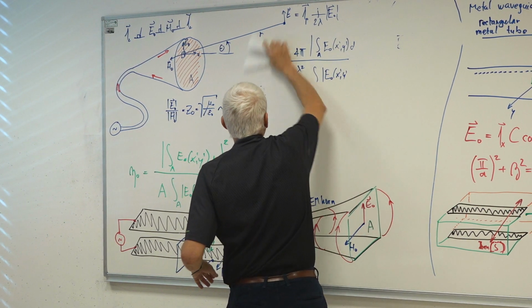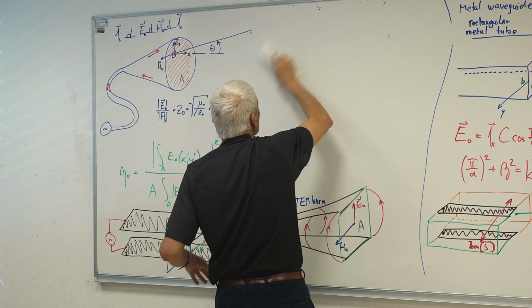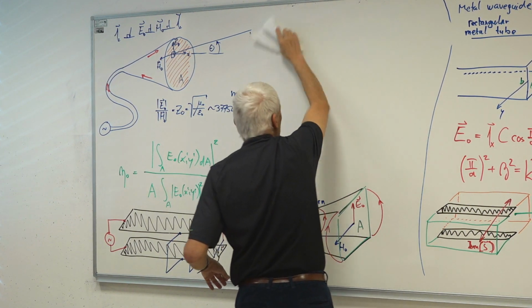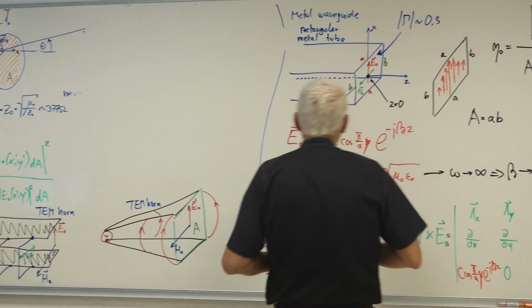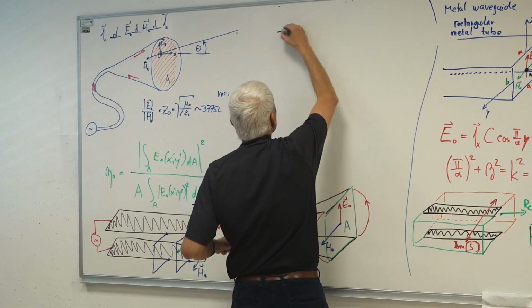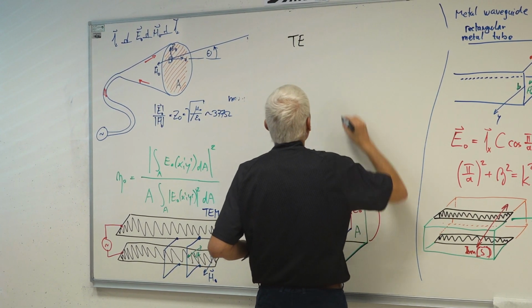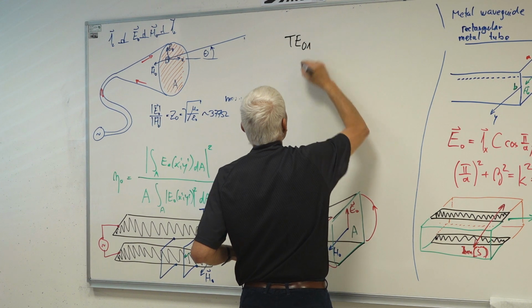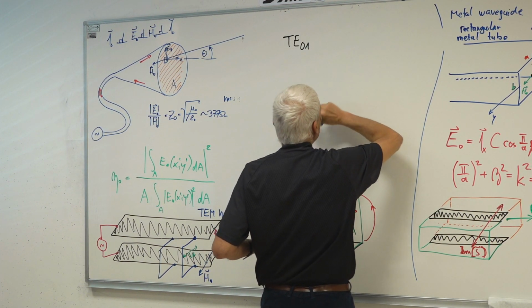So this mode we were talking about here was the fundamental mode of this guide, and this was transversal electric, because we have no longitudinal electric component, TE01. 0 half waves in the x direction, 1 half wave in the y direction.